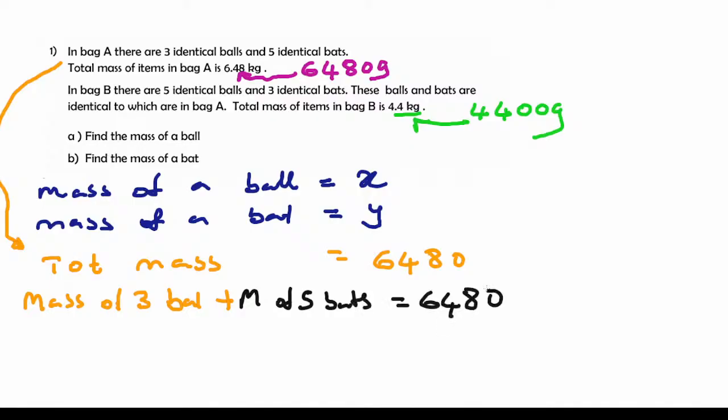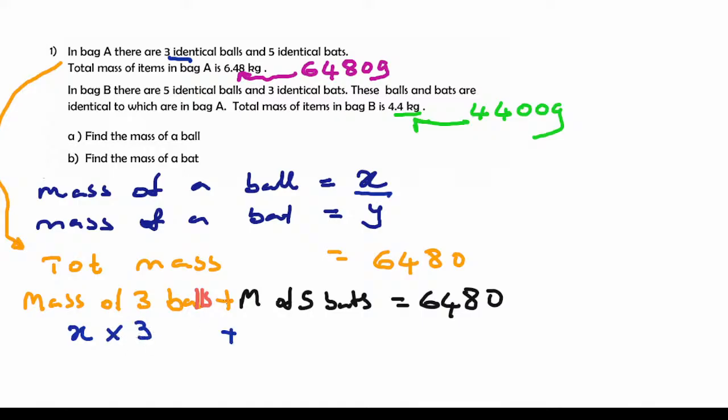So how do you find the mass of three balls? What's the mass of one ball? It hasn't been given to us, but we are considering the mass of one ball as x. And how many such balls are there? Three. So then what would be the mass of three balls? One ball is x grams, so x times 3, plus.